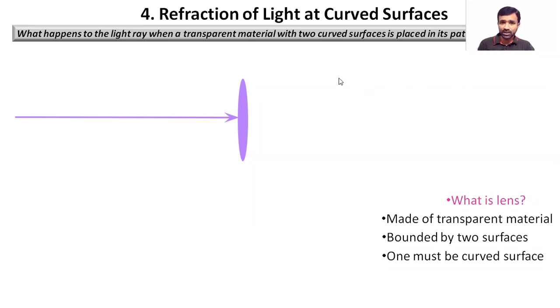What happens to the light ray when a transparent material with two curved surfaces, which we now know is called a lens, is placed in the path of a light ray? Will it remain with the same behavior or change? That we need to learn.